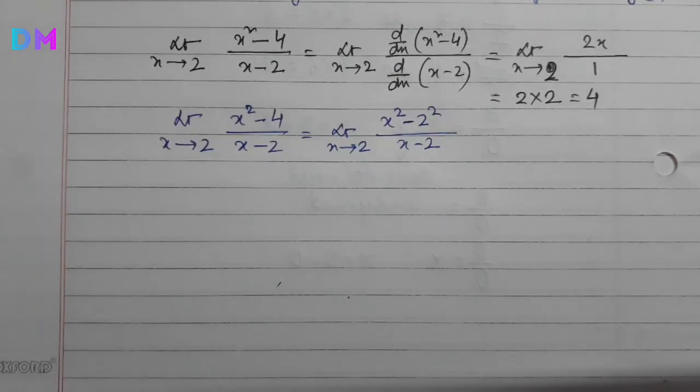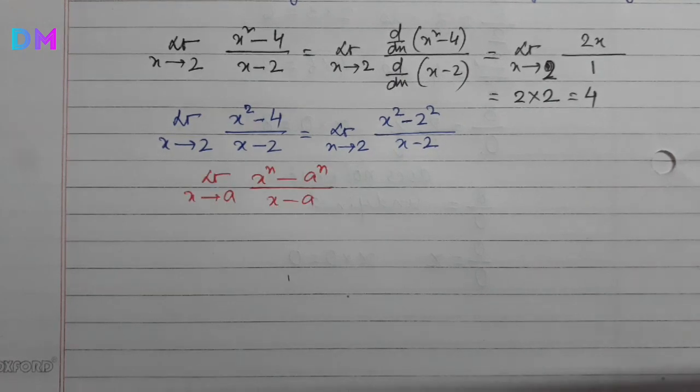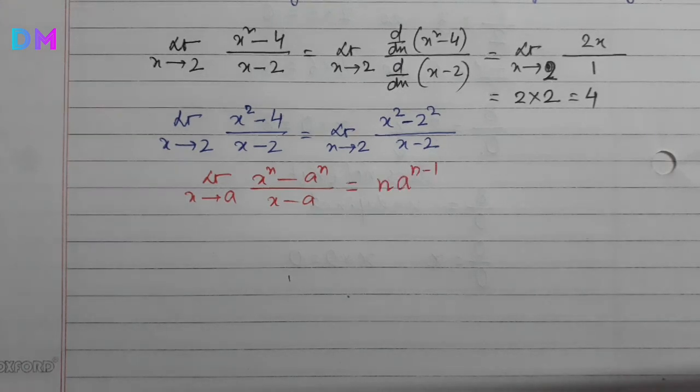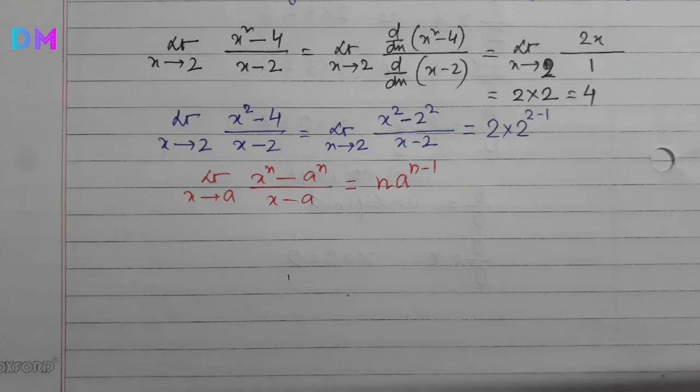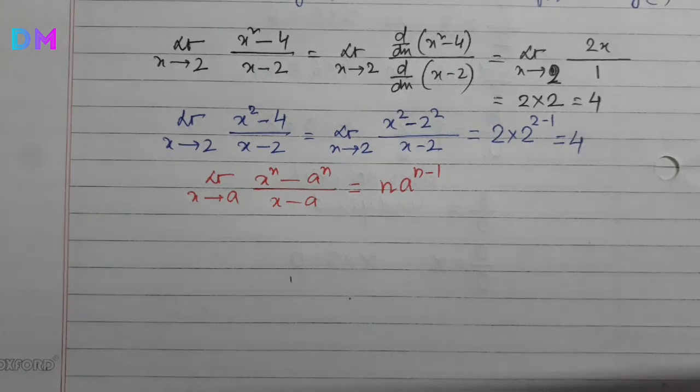Now if we apply the formula of the limit, then we can write x square minus 4 as x square minus 2 square, which is in the form of limit x tends to a, (x to the power n minus a to the power n) by (x minus a), whose formula is n into a to the power n minus 1. Therefore the limit in this case we can write 2 into 2 to the power 2 minus 1, which is equals to 4.